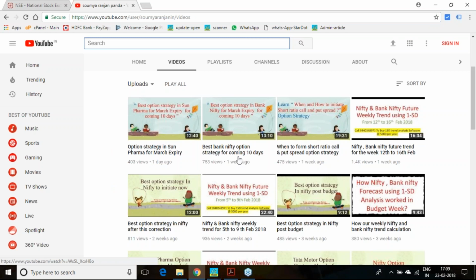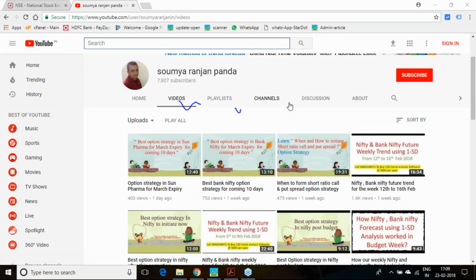One is the Bank Nifty option strategy for the coming 10 days. Another is the Sun Pharma option strategy, from 1 day back. Do evaluate these strategies: how much margin it has taken, what impact it has had. Even if you are not trading, do a paper trade and experience these strategies. This will help you a lot in the long run. So you must have an objective trading.